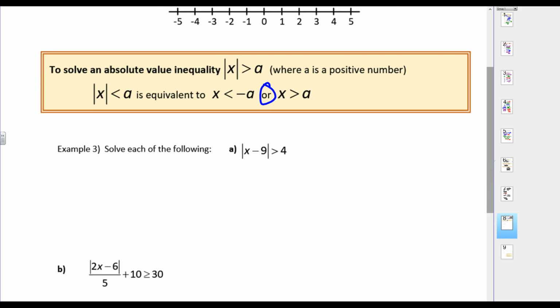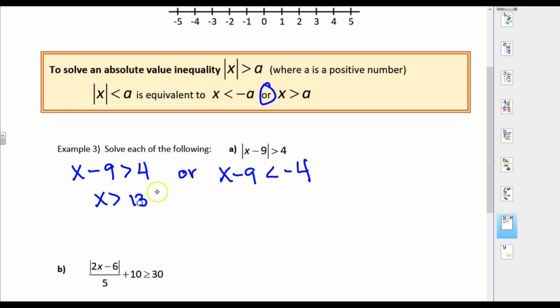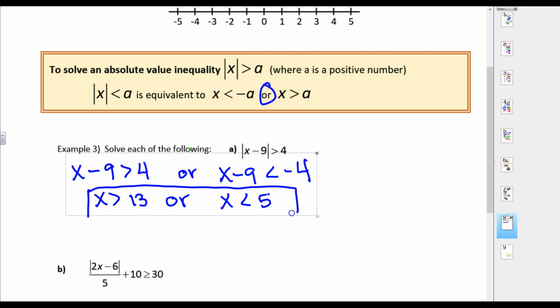If I have the absolute value of x minus 9 is greater than 4, I can split this into 2 inequalities. x minus 9 is greater than 4, or x minus 9 is less than -4. I add 9, so I get x is greater than 13, or add 9 over here, x is less than 5. And this compound inequality is my final answer.